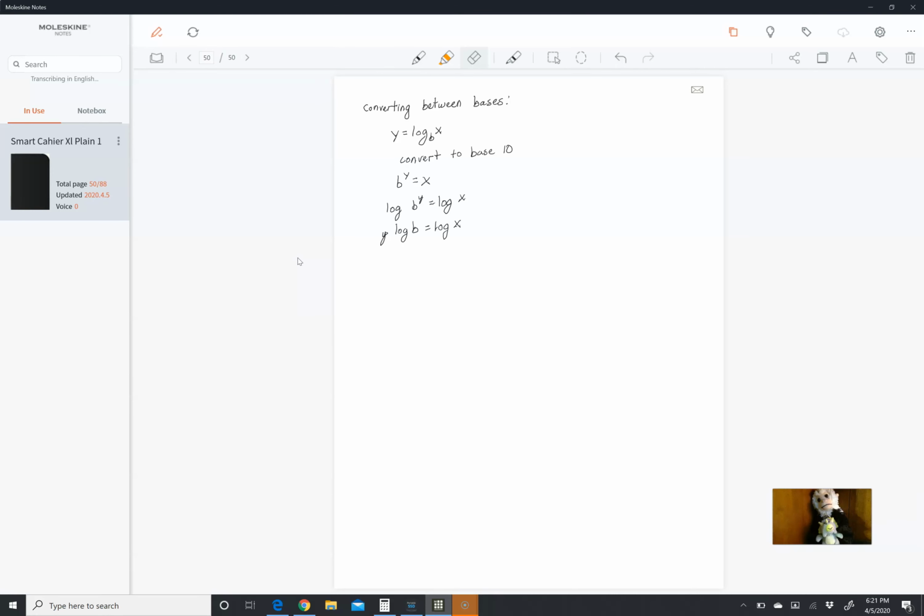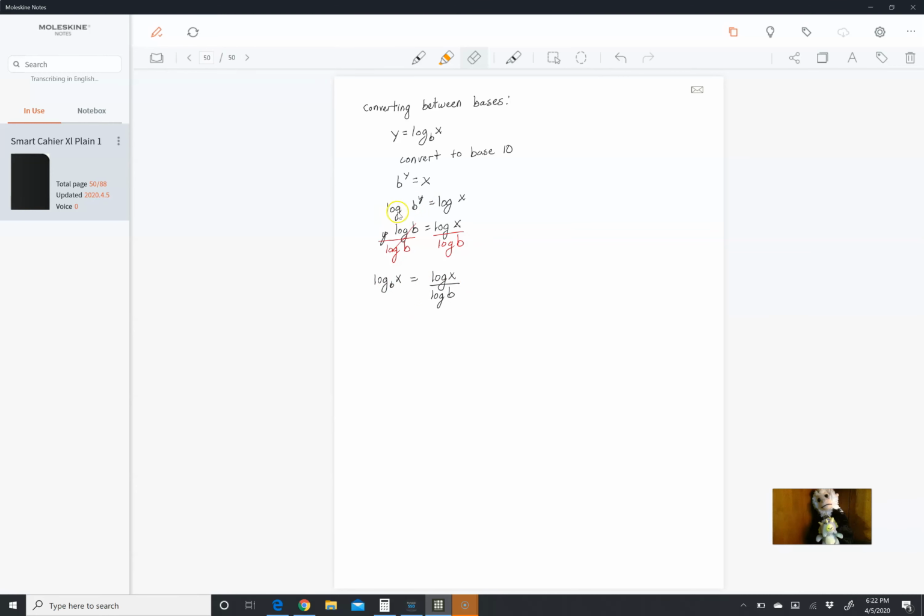And then we isolate. So we divide both sides by the log of b. And the log of b cancels here. So in base 10, log of x over log of b. That's what log base b of x is in base 10.